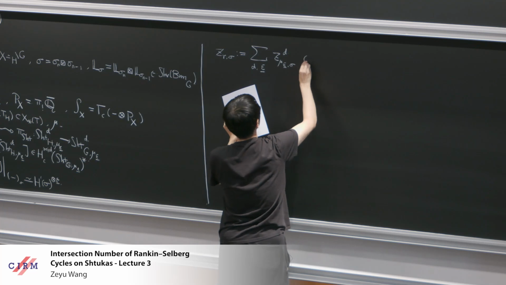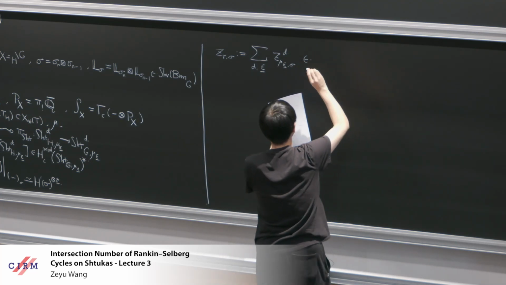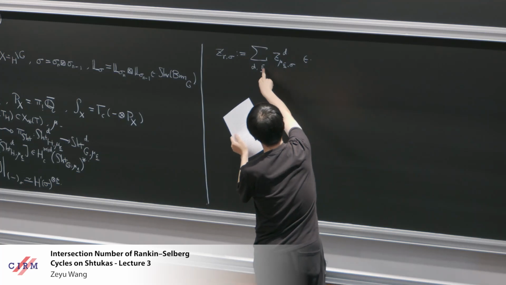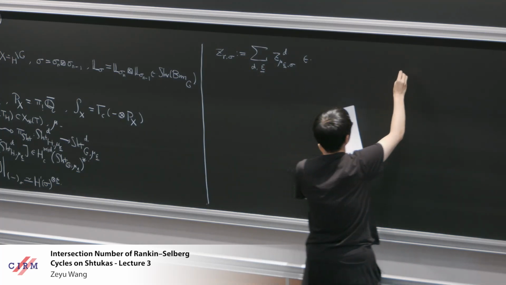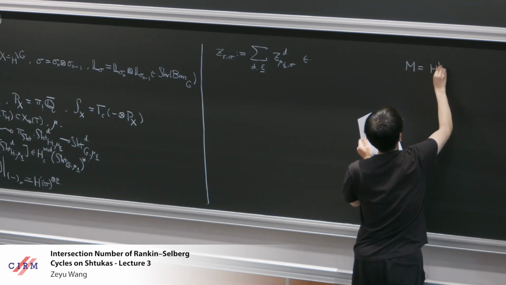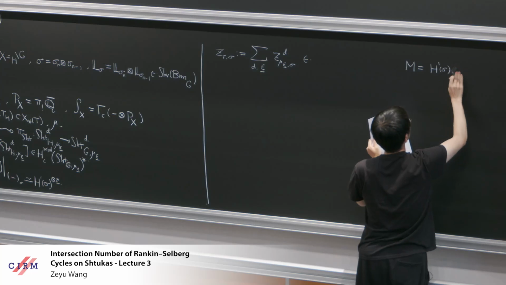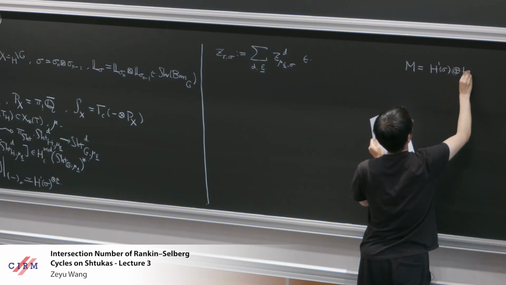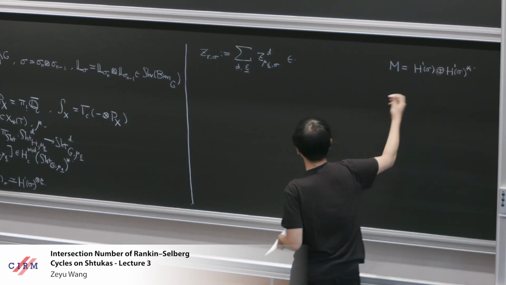And that's some element inside the dual of the isotypic part for all these choices of signs. So let me introduce M, the cohomology of the local system, and the direct sum is the cohomology of the local system, and take the dual.